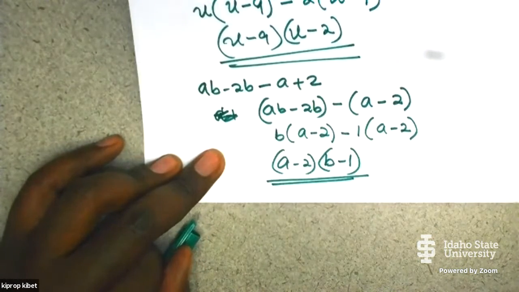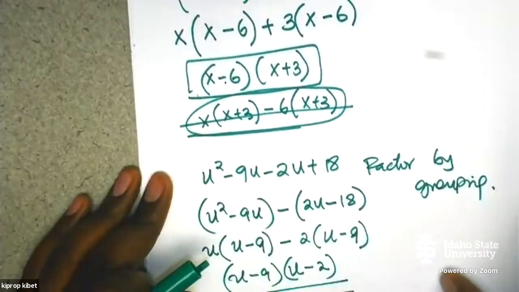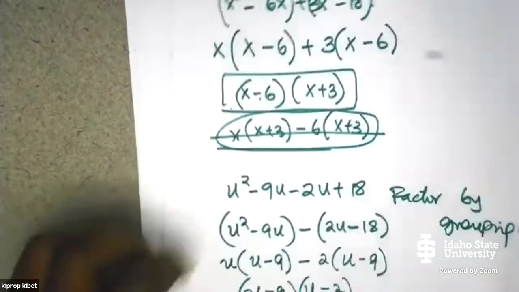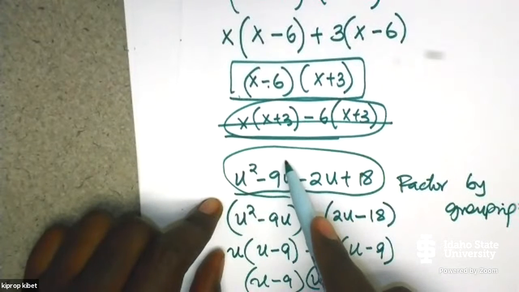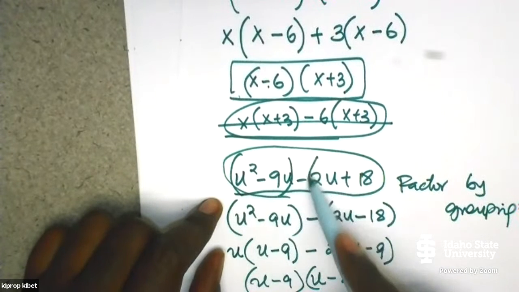Now, these ones were 4 terms. You're able to group them because they are 4, so you can group this and this one.